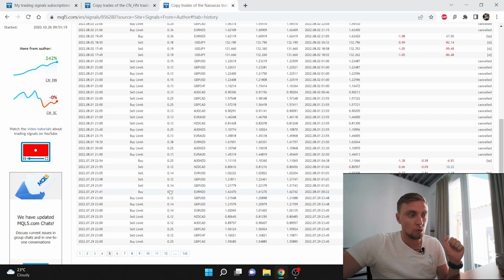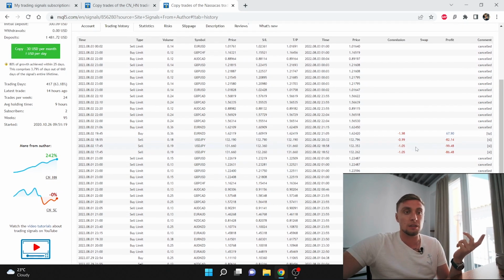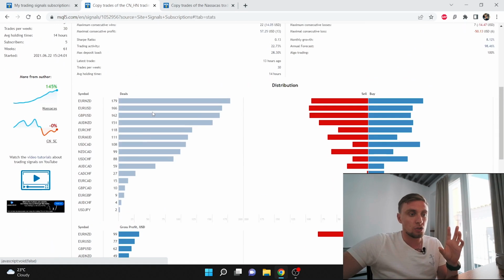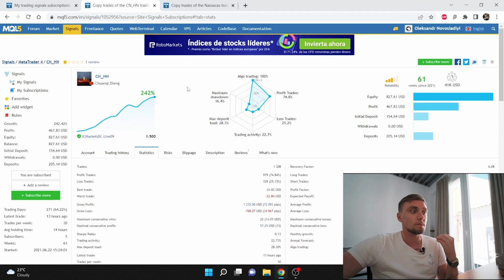Like here, you can see Euro New Zealand, it was in plus. Okay, great. In comparison, this small operation was a very big minus. When it's minus, he opened 3 positions with the dollar yen, each of them almost 0.2, and the minus is big. In the current signal he is trading, it is almost the same. So that's why for me this signal is way better and I'm really happy with it.